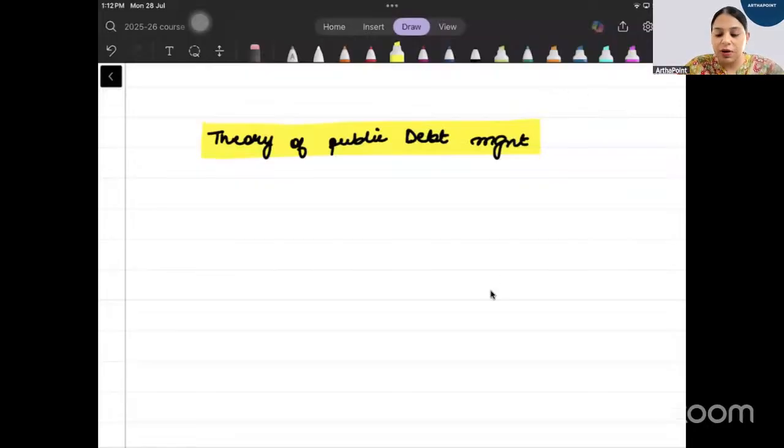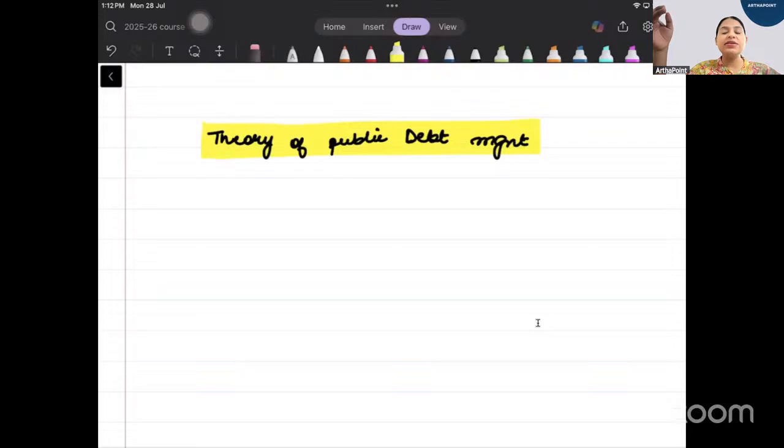Now, see, whenever we talk about the budget of the government, an important aspect of the budget is that the government is collecting money from the people and spending it on the people. But what has been seen more often, and this happens very commonly across economies, is that the government spends more than it collects, right?